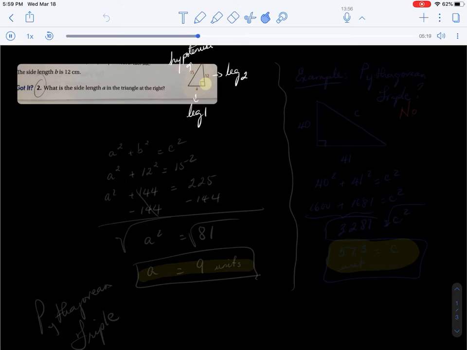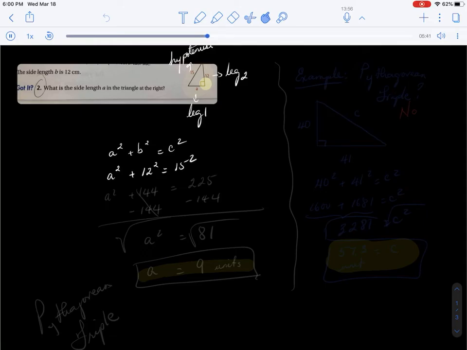I still need to write down the same equation that's been given to me. So A squared, because that's unknown. Leg 2 is going to be 12 squared. The hypotenuse is going to be 15 squared.